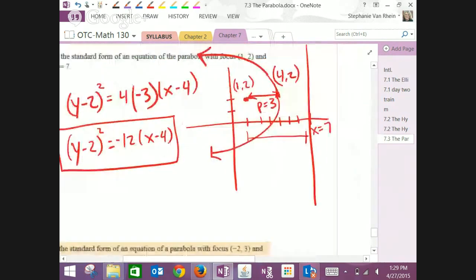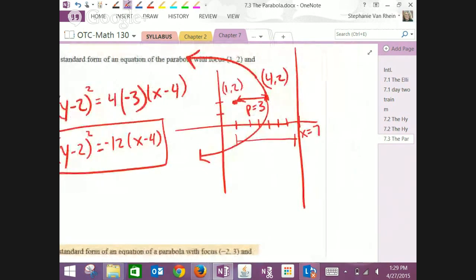So in this case, we were given the directrix and the focus, so the vertex is halfway between that. So the total distance is 6 and P is 3.